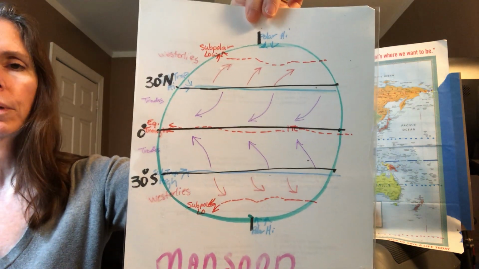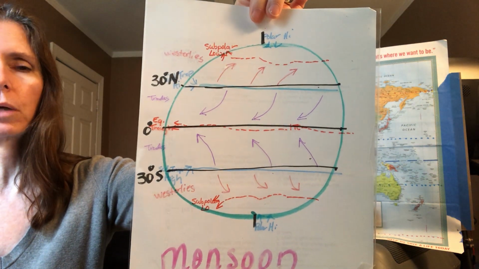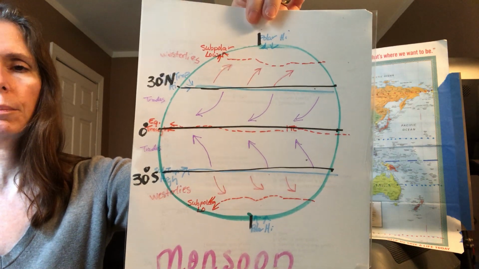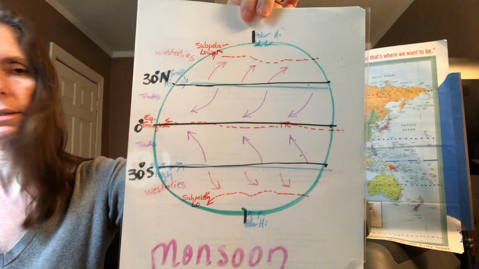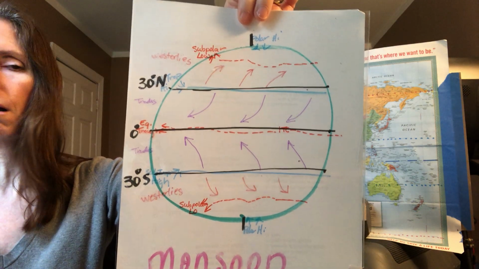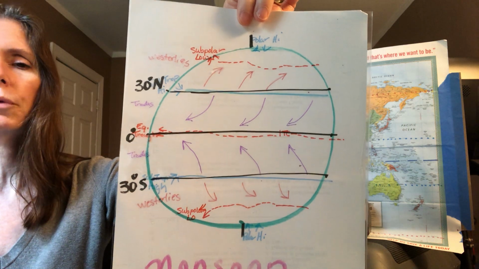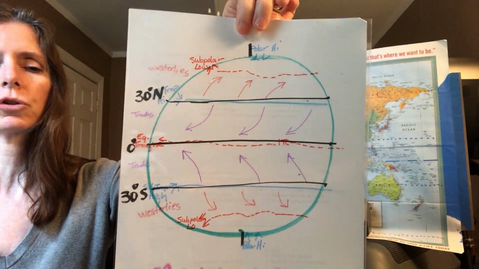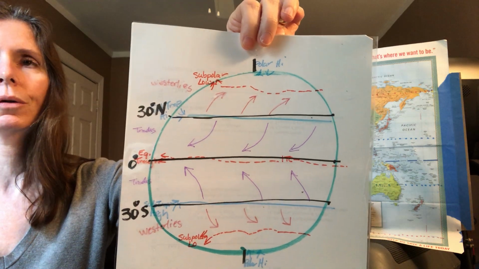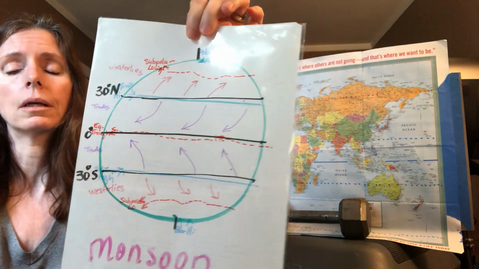You might remember this from when we talked about air pressure and the subsequent wind belts that we find on the planet. So right around the equator, always under the influence of that low pressure. Low pressure, we know, lets you have adiabatic cooling, which means you can get clouds and you can get rain.